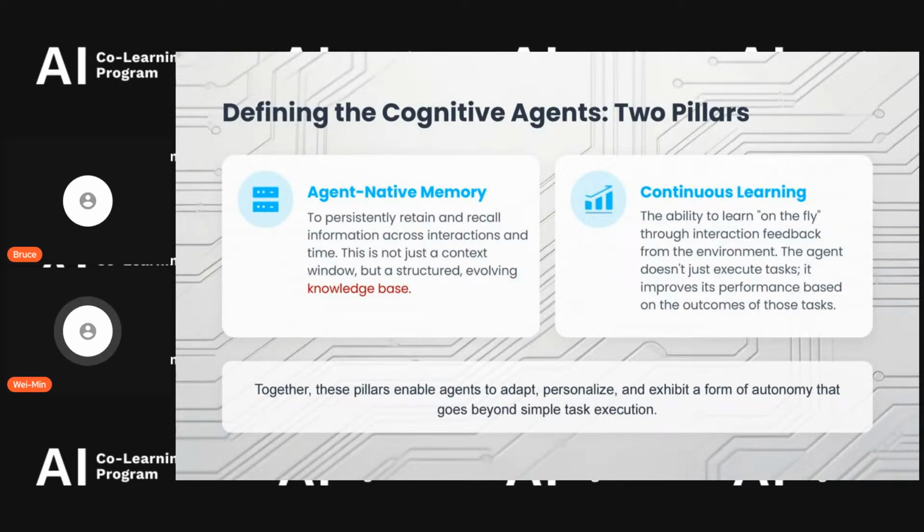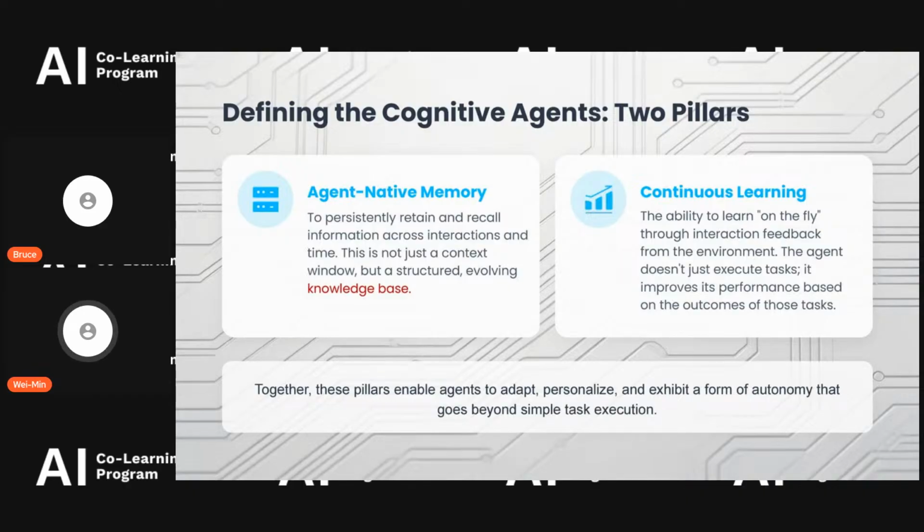So to define the cognitive agent, the two pillars for cognitive agents are the agent-native memory and the capacity for continuous learning. The definition of agent-native memory is to persistently retain and recall information across interactions and time.